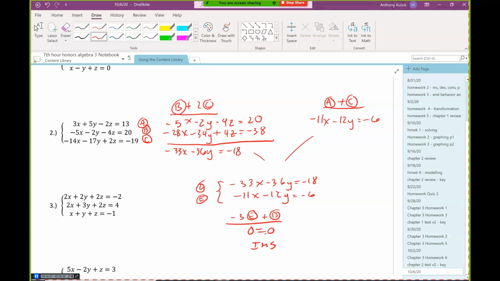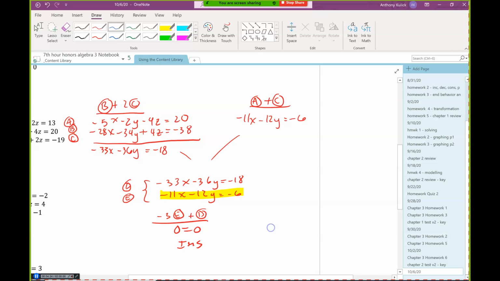Let's come up with that parametric solution now. To do that, we're going to use one of these two equations, D or E. I would pick the one with the smaller coefficients. And then let's get either the X or the Y by itself. It doesn't really matter. Do you have a preference here, Amy?